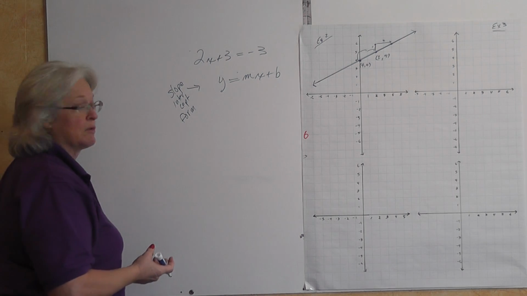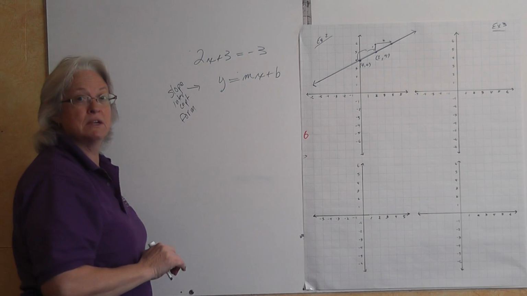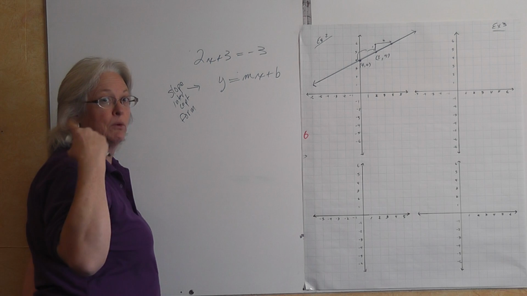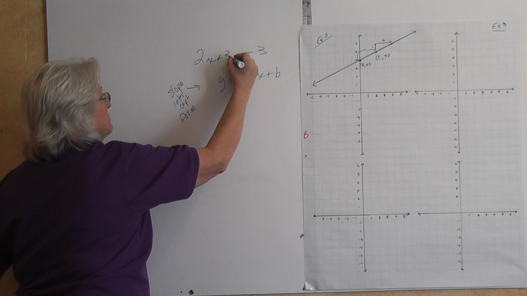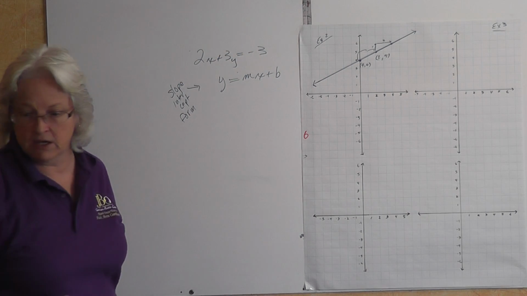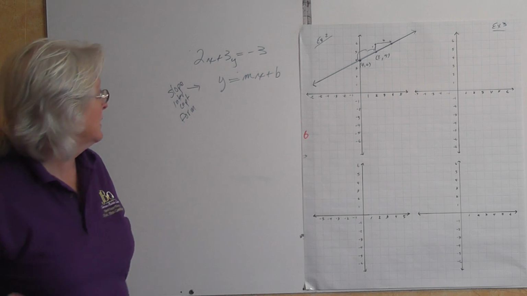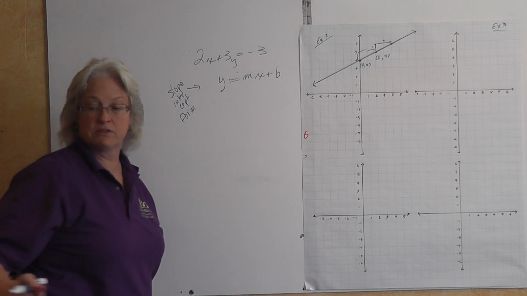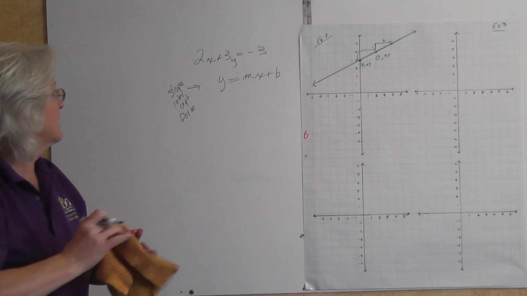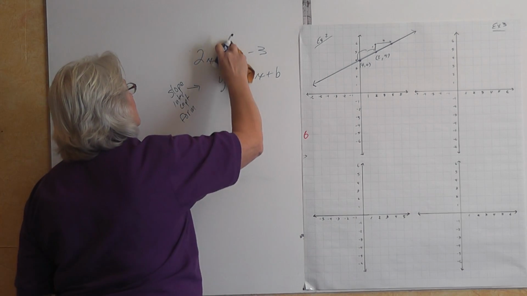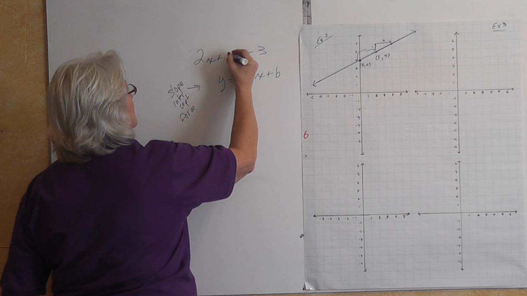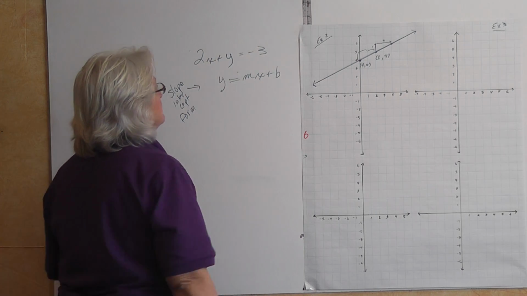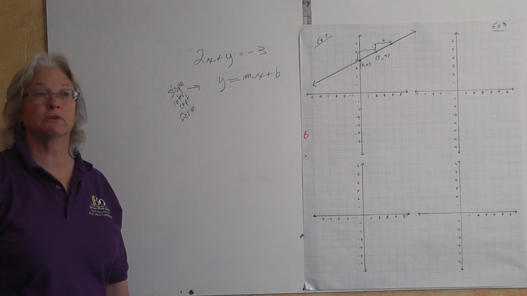So we have to solve for y. What problem do you see that you have here? Exactly. If you were listening to me, I didn't say 2x plus 3y. I said 2x plus y is equal to -3.